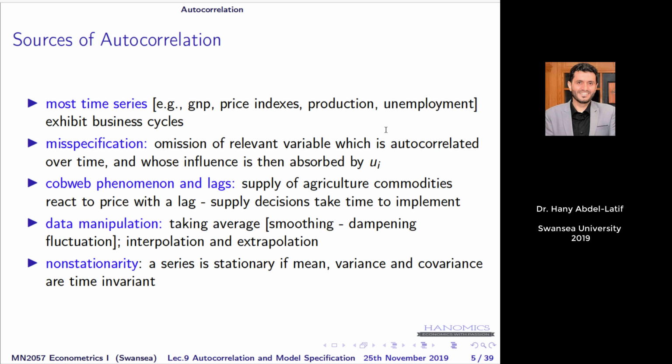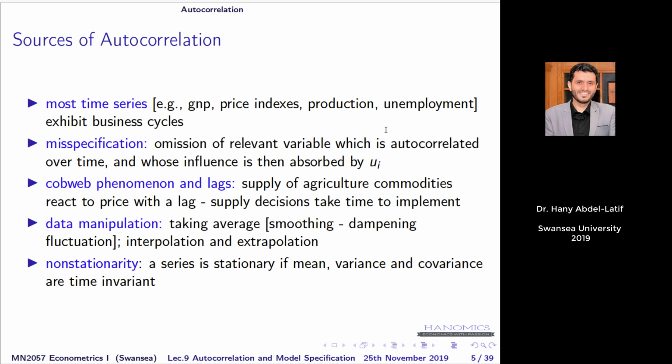Another reason could be, for example, that the supply of agricultural commodities reacts to price with a lag. So if there is a change in the price this season, then suppliers will consider this change in the next time period. So there's some sort of lag, and that creates this correlation between the errors. Okay, so there are so many reasons.